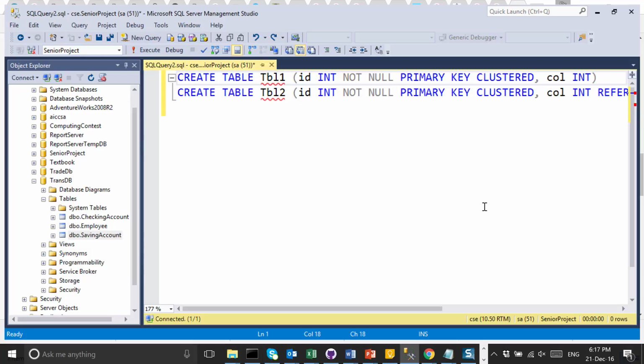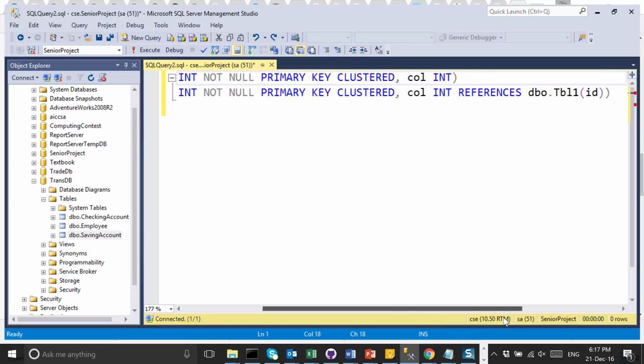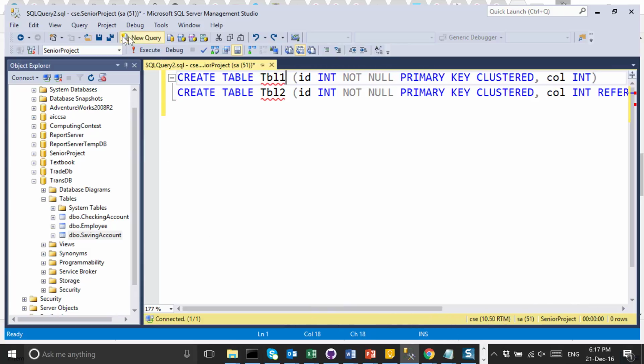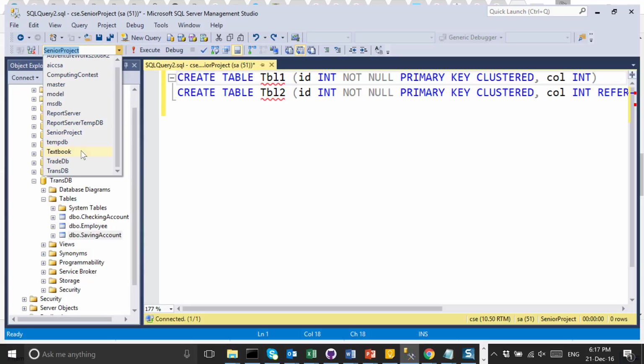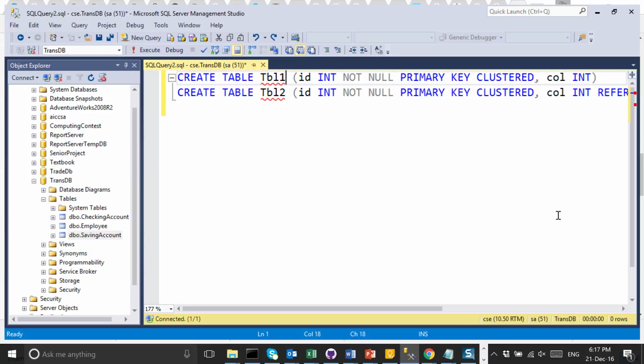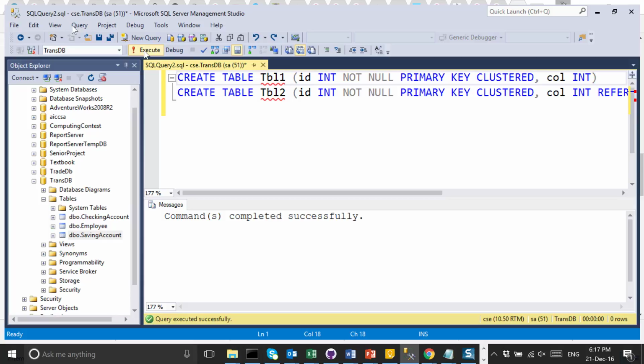They have two columns, ID and call, and there is a foreign key constraint between the two. So call in table 2 is referring to ID in table 1. Let me create them. Two tables are created.